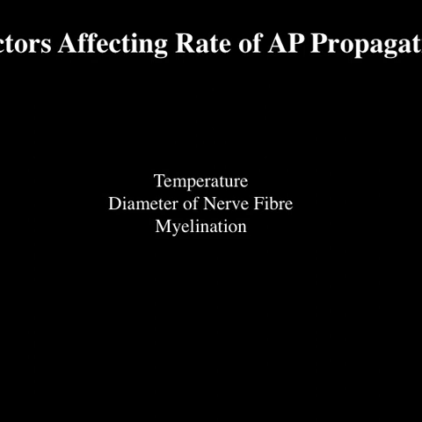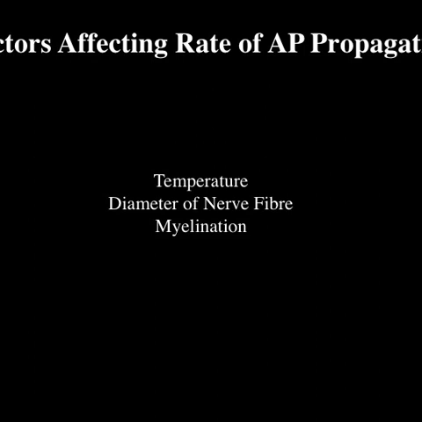The diameter of the nerve fibre affects the resistance of the nerve fibre. And so as diameter goes down, we get a reduction in action potential propagation rate. And in fact, if we look at unmyelinated fibres within the human body, we tend to see a typical rate of propagation of around about half a metre a second, or thereabouts.